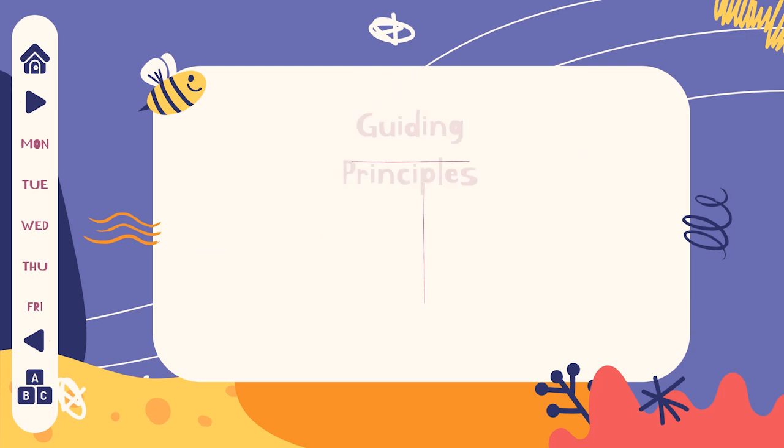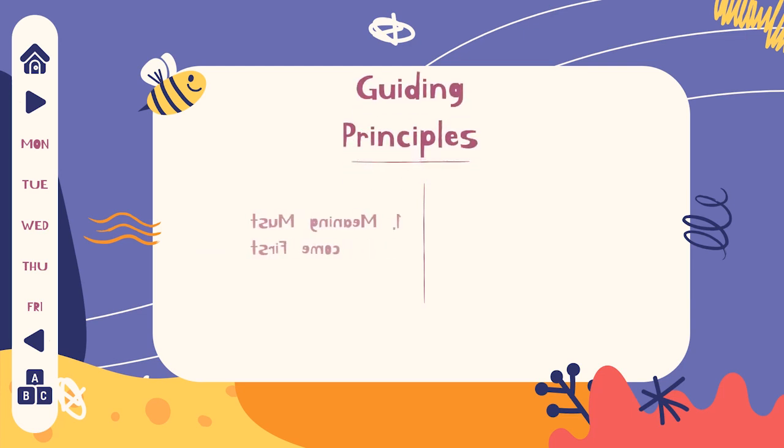The first is meaning first. Meaning first means the children need to understand before starting new learning. If the children don't understand what they will start and what they will learn, they cannot learn it. So they need to understand first, and they need to know first.